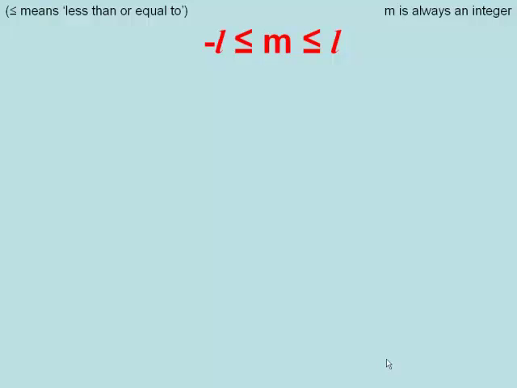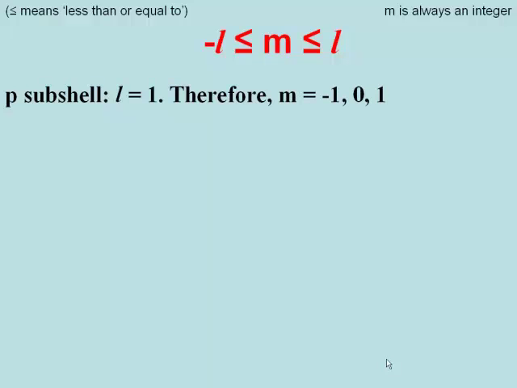So let us take a look at a p subshell where L equals 1. In this case, m can take 3 different values: negative 1, 0, and positive 1. These 3 values for m mean that we have 3 individual p orbitals.